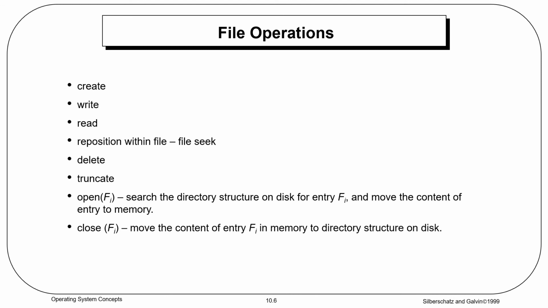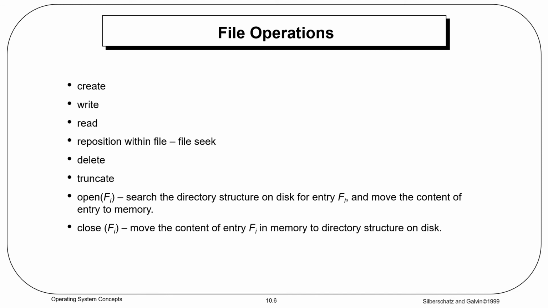The system must keep a write pointer to the location in the file where the next write is to take place, from where we want to write. The write pointer must be updated whenever a write occurs.